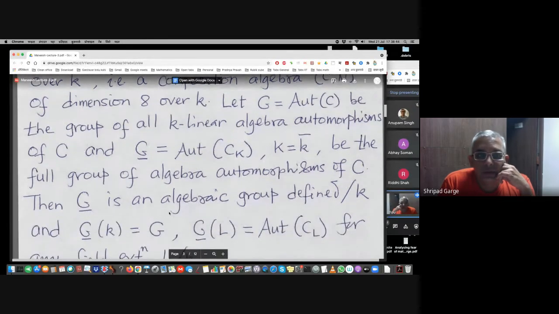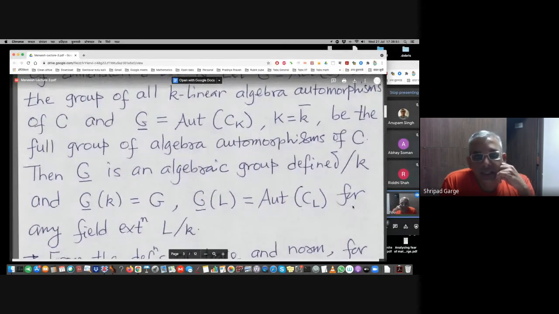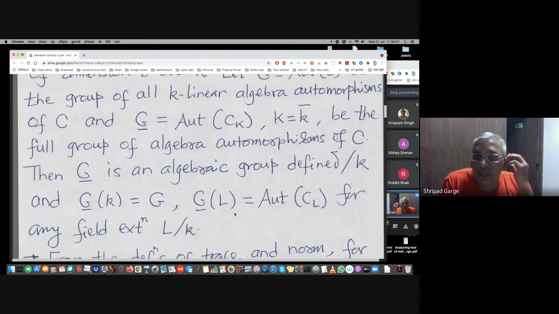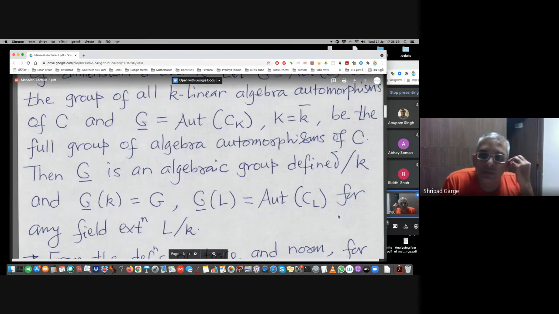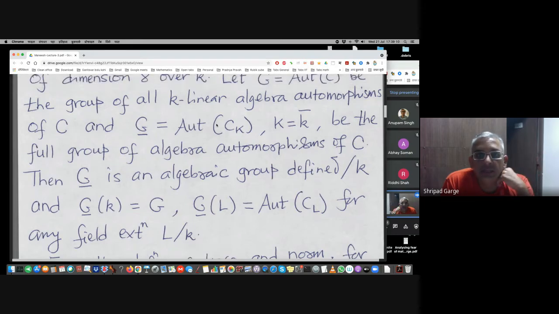Then G lower bar is an algebraic group defined over small k, and G lower bar's k-rational points is capital G. G lower bar's L-rational points for any field extension L over K is the automorphism group of C tensor with L over K. So the algebraic group property will come because you are looking at an algebraic condition, that it should preserve the algebra structure.